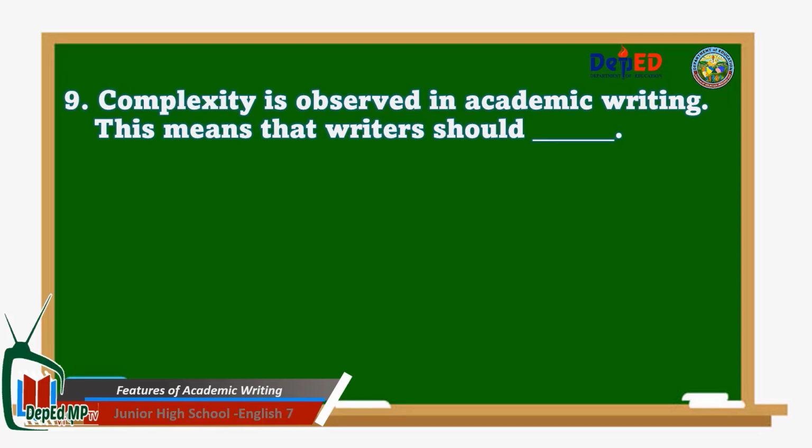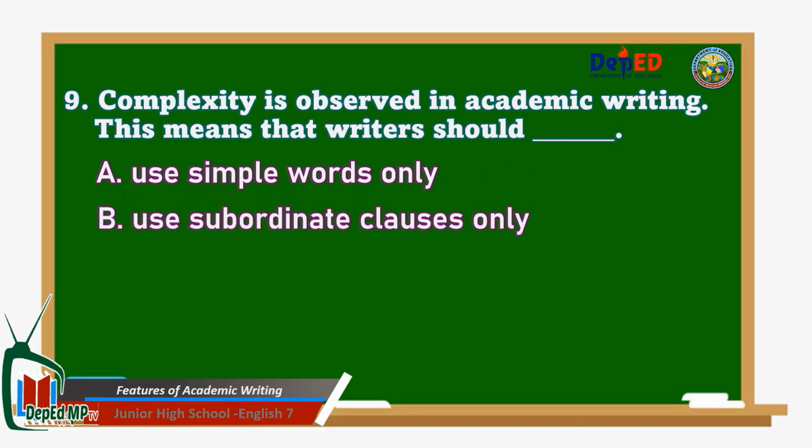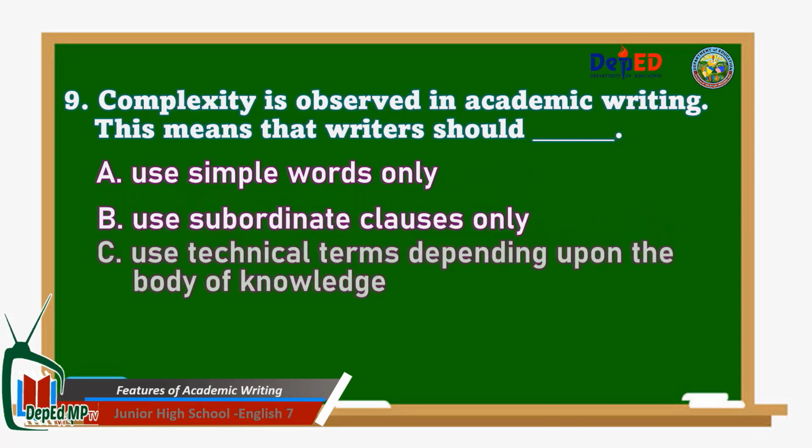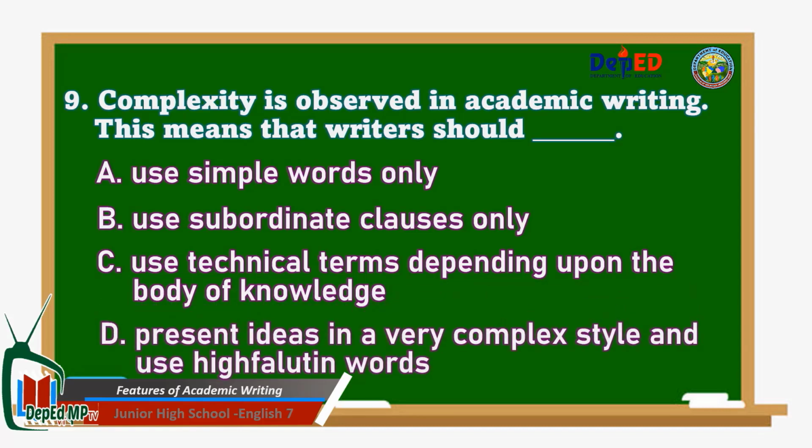Complexity is observed in academic writing. This means that writers should blank. A. Use simple words only. B. Use subordinate clauses only. C. Use technical terms depending upon the body of knowledge. D. Present ideas in a very complex style and use highfalutin words.